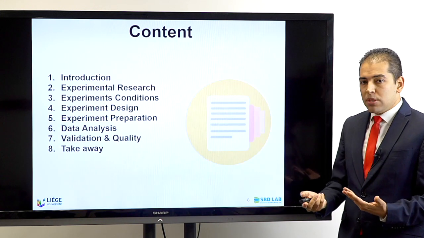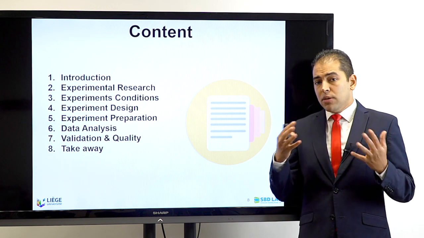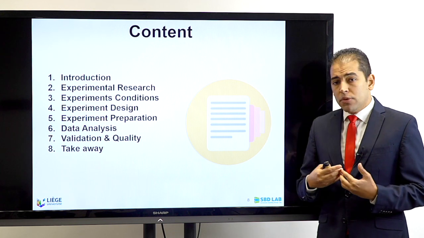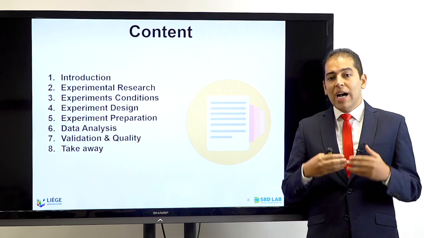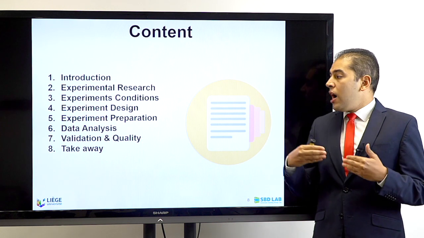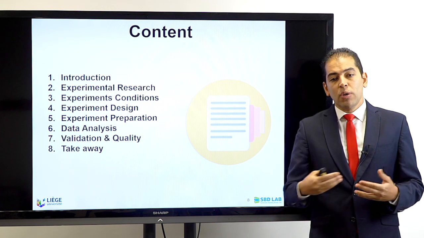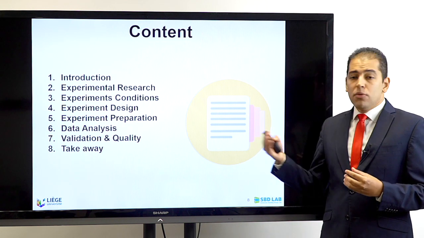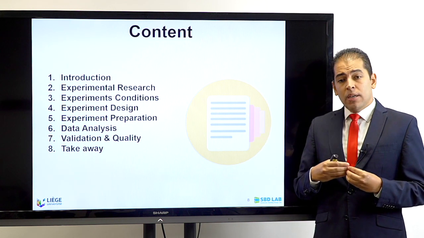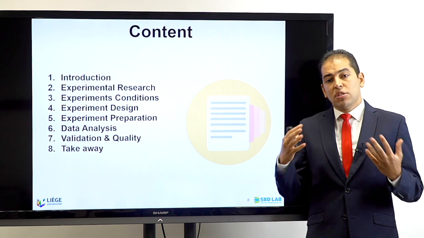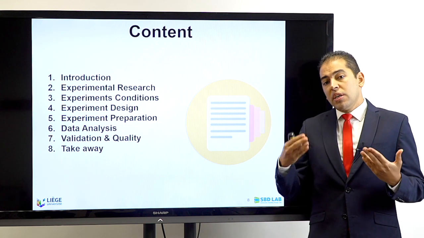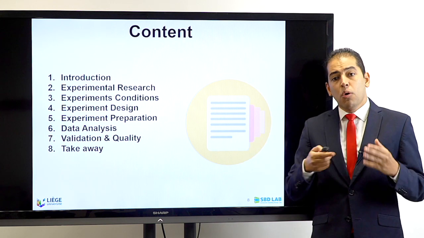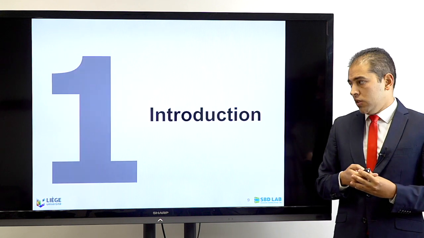The content of today's presentation is an introduction to experimental research: what it is exactly, a definition for it, what the experiment conditions are, how to design an experiment, how to prepare for it, what should be done when we do analysis, and what the validation and quality assurance measures are before reaching the takeaway steps. Take care that today's presentation is an introduction, so I will run quickly over these topics, and later in the following videos you can have more detailed content.